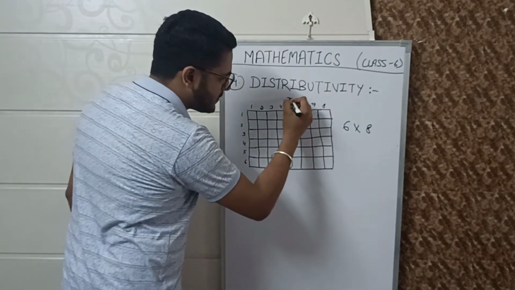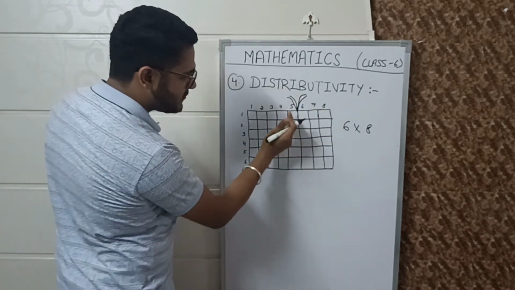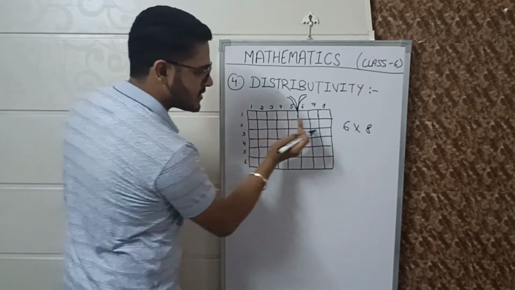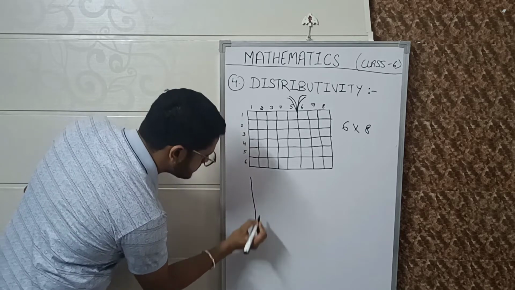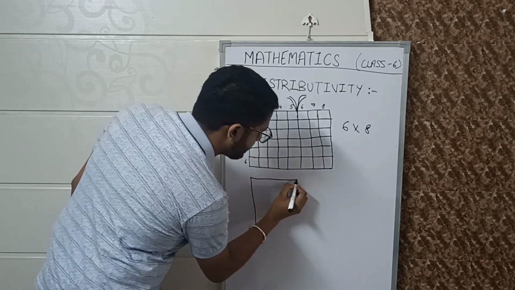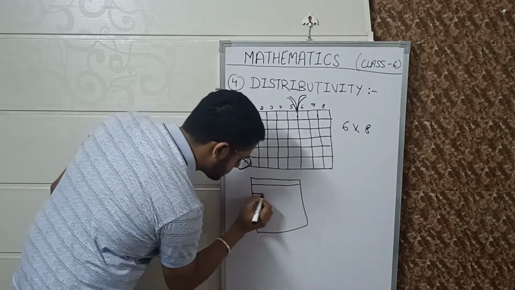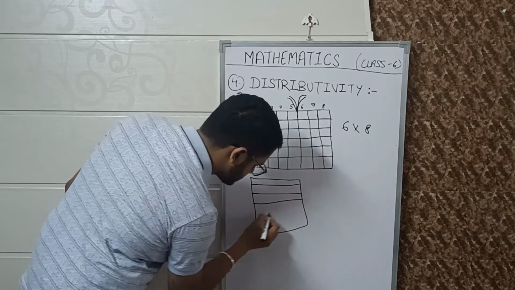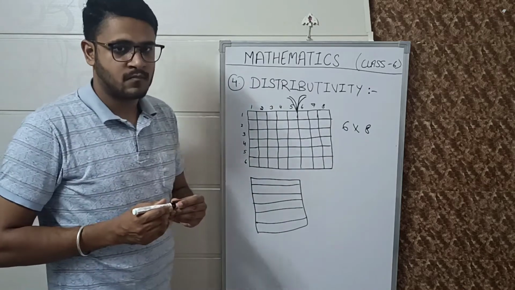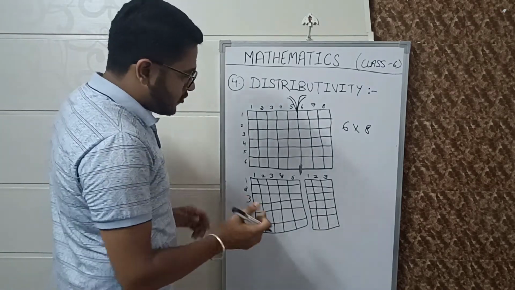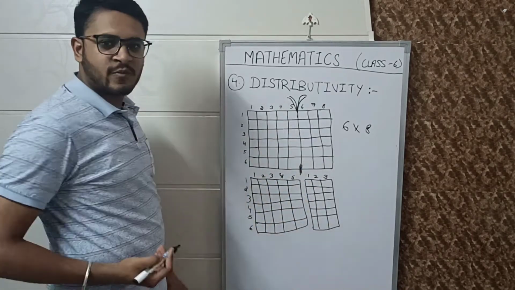Let's cut this graph paper from here, which means 5 columns in one part and 3 separate, right? Let's draw it. Now when we cut this graph paper from here, we get two graph papers, right?